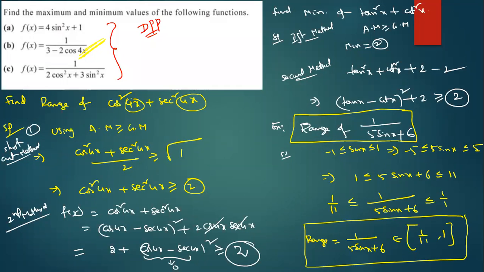Check it. Put x equal to 0. What is your answer? Suppose x is equal to 0, sin 0 is 0, so 1 by 6 is there. See, is 1 by 6 between this interval or not? Take x equal to 90, sin 90 is 1, so 1 by 5 plus 6 means 1 by 11 is there.